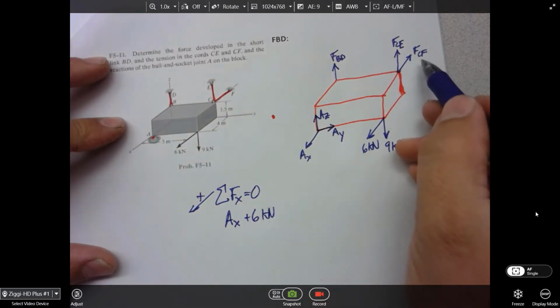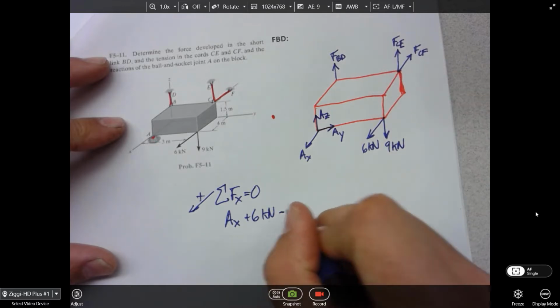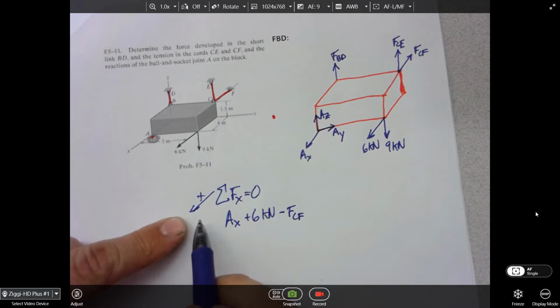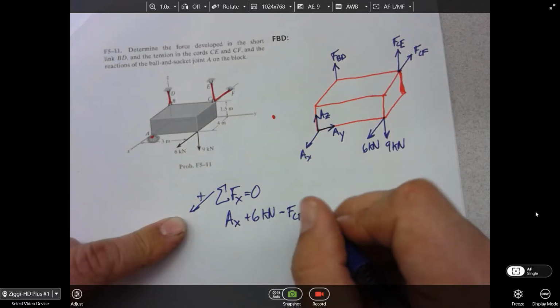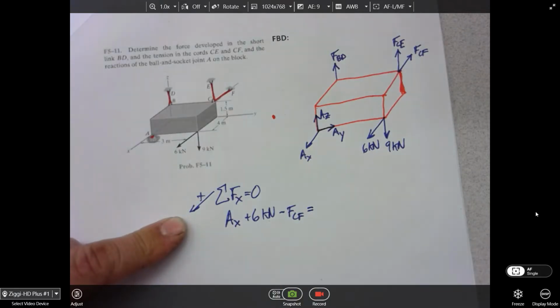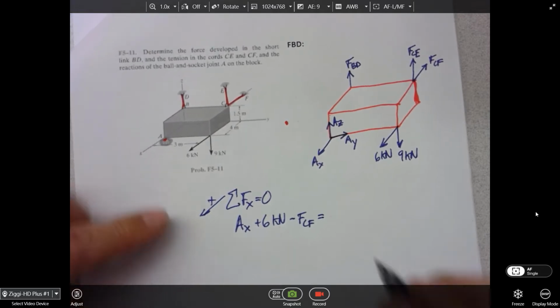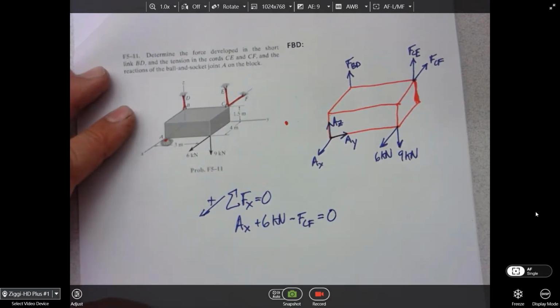Does FCF act in the positive or the negative direction? Negative. So this is really important that we follow our sign convention and we put the appropriate sign in there. Okay? For this to be an equilibrium, what does the sum of those forces have to equal? 0. Okay?